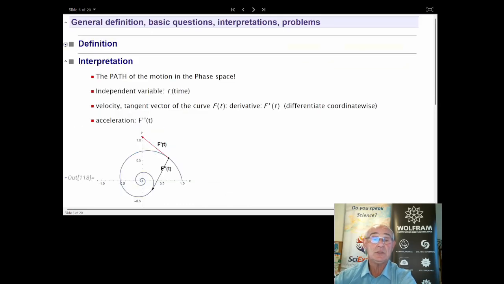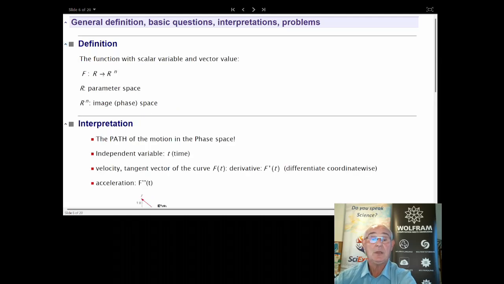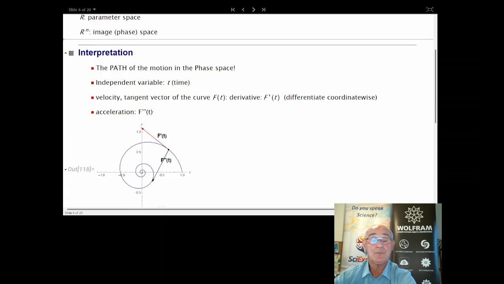Based on introductory examples, we can consider the general definition. The function we consider now is a mapping from the real line to the n-dimensional space, where R is the parameter space and R^n is the image space. The interpretation is easy.